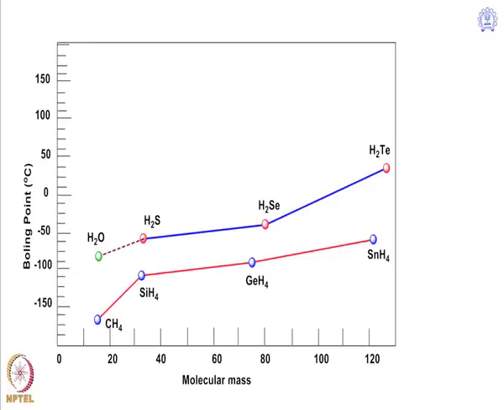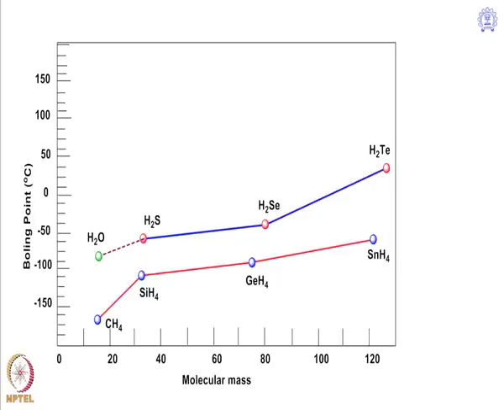Let us look into the boiling points of various p-block element hydrides with respect to their molecular mass. In the plot, H2O, H2S, H2Se are given, that means the chalcogen series, and similarly the group 14 series is also given. If you look at the plot, it is very clear that for H2S, H2Se, H2Te, the boiling point is increasing from negative to positive as the molecular mass increases.